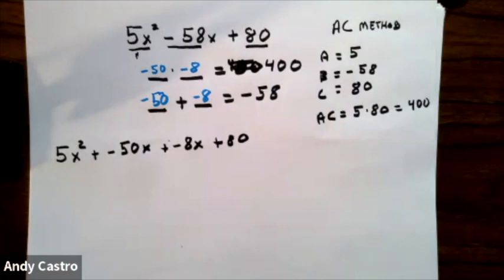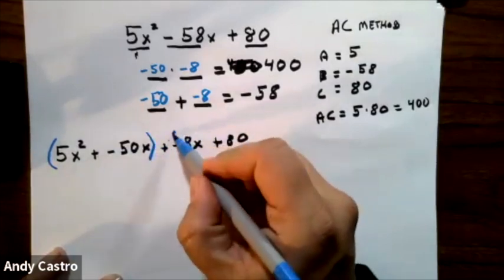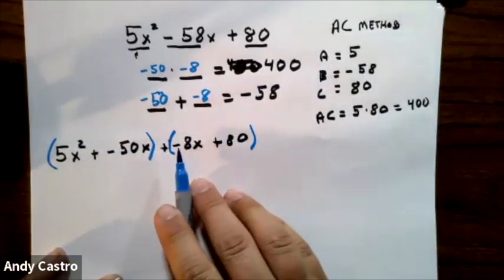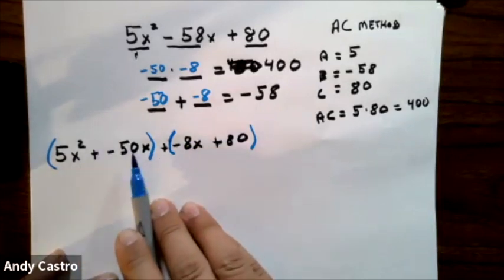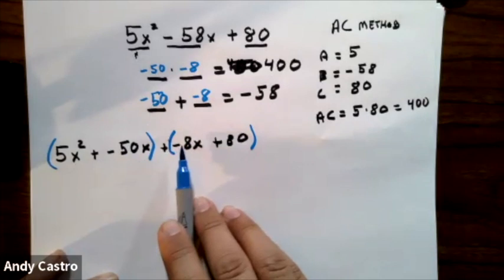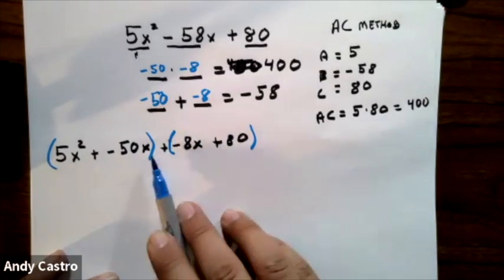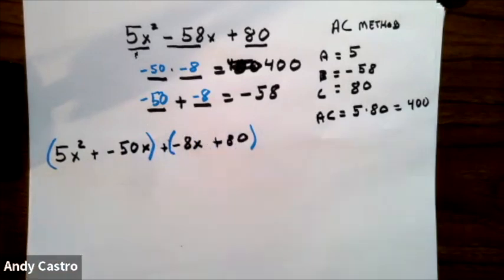Next, we add the parentheses around the first two terms, keep the plus sign in the middle, and keep that negative there with the 8. If I would have made this 5x squared minus 50x minus 8x, then I would have had to realize that this would have been negative because I'd be multiplying the negative in. It's one more step, a complication that I don't think is necessary at this point.